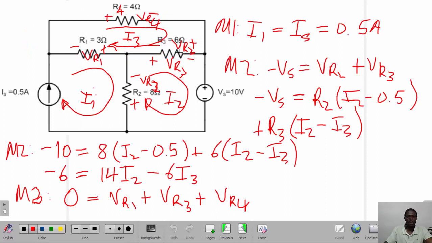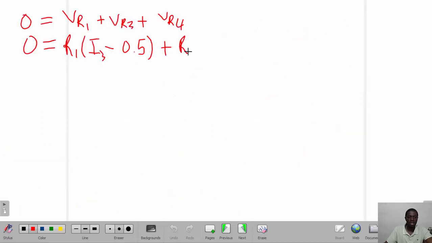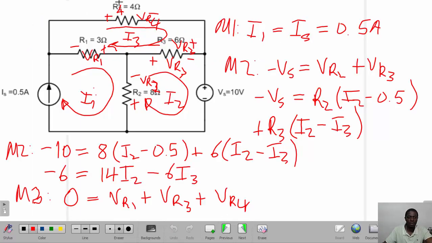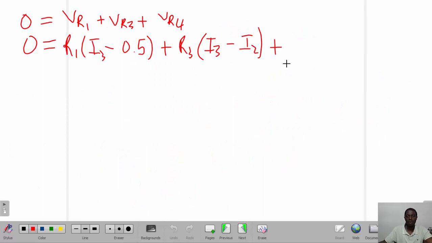And then when we come to VR3, we've got the shared currents, I2 and I3. So R3 multiplied by I3 minus I2 plus R4. If you look at R4, it has no shared current, it only has I3 going through it, so R4 multiplied by I3.